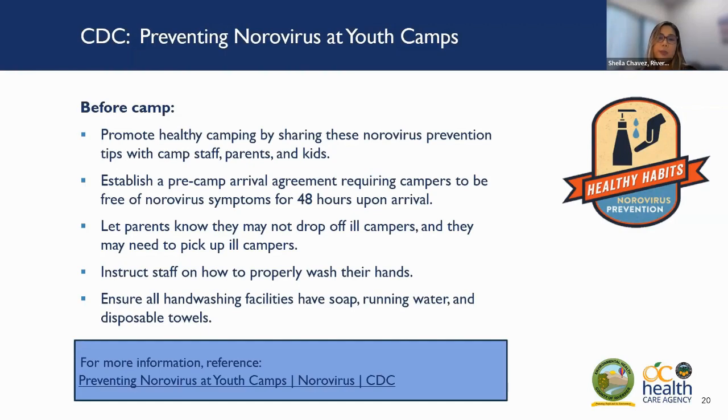A key step is promoting healthy camping early. Before camp starts, information should be shared with staff, parents, and campers about norovirus symptoms, how it spreads, and how it can be prevented. And this helps set expectations and builds awareness across everyone involved.